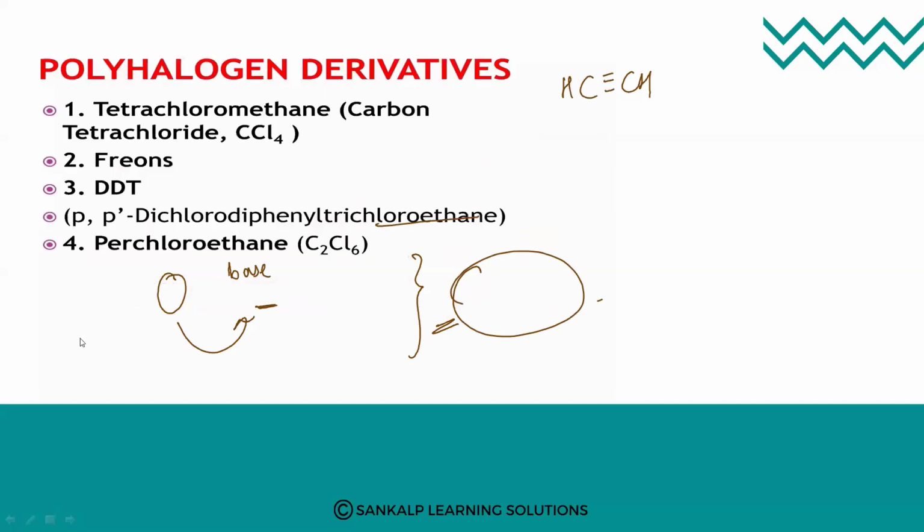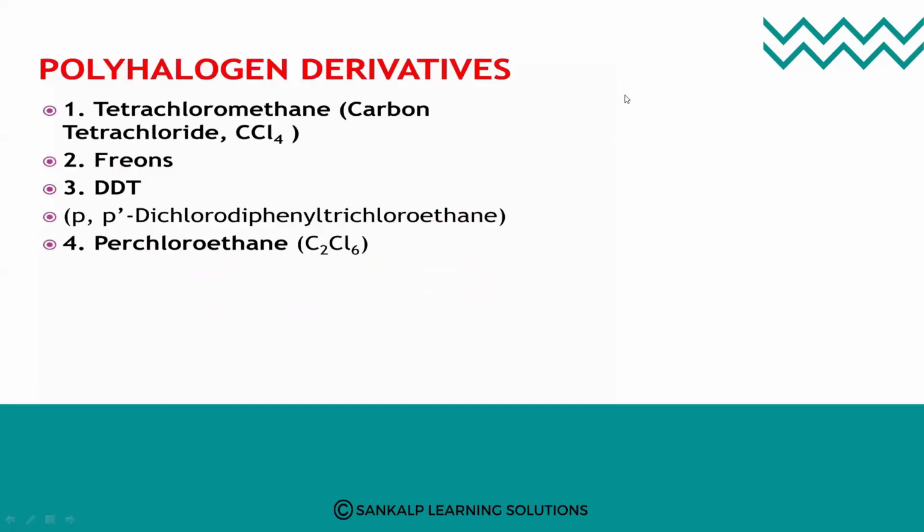Next, we are going to see some of the important polyhalogen derivatives. The first is tetrachloromethane. The name is carbon tetrachloride, that is CCl4. We are replacing all the hydrogen atoms by chlorine. So this is the first polyhalogen derivative. Poly means more than three.